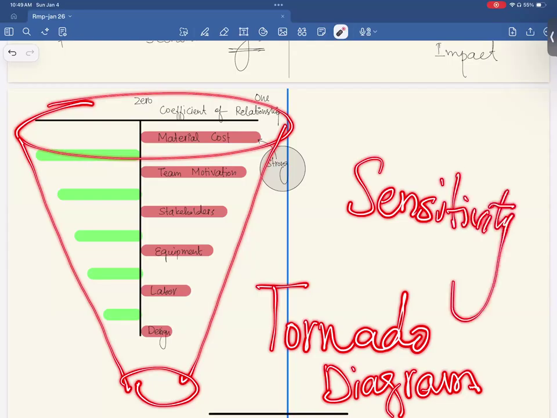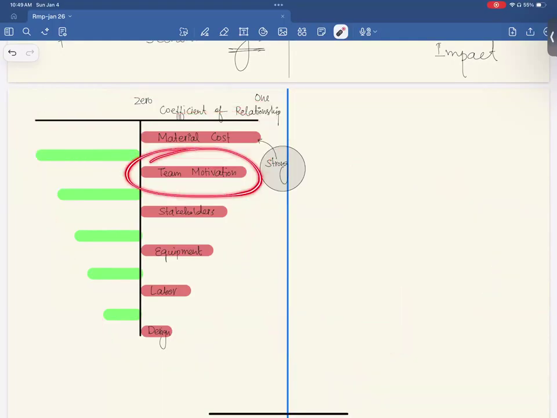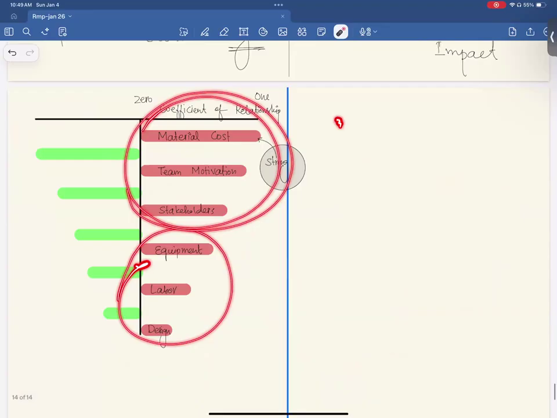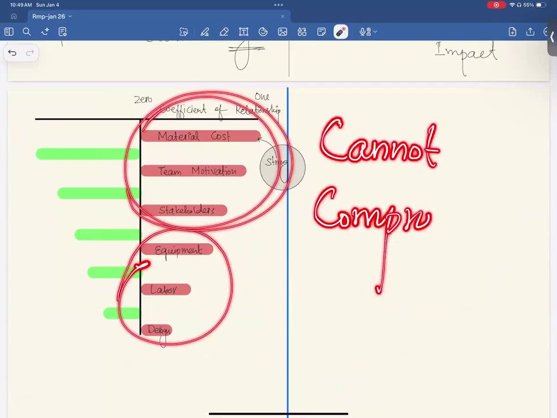Now, what we get to know is that we should focus here. We should carefully manage material cost, and then we should manage team motivation. Then we should manage, okay, we can ignore this, but these are the things where we cannot compromise because these are highly sensitive elements of your project.